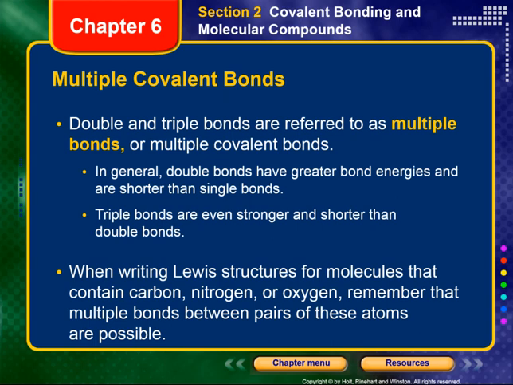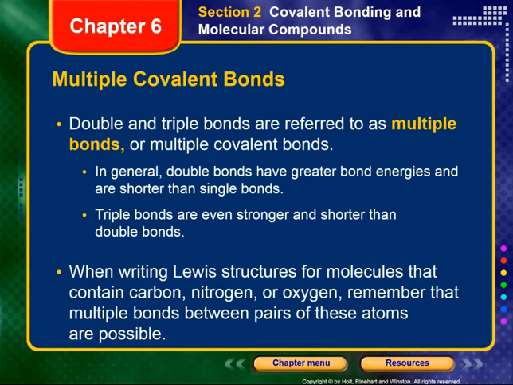In general, double bonds have greater bond energies, meaning they're stronger, and are shorter than single bonds. Triple bonds are even stronger, meaning they have even higher bond energies, and even shorter than double bonds, which makes sense, right? You're providing more attractive force. You're actually holding those two atoms together more tightly.